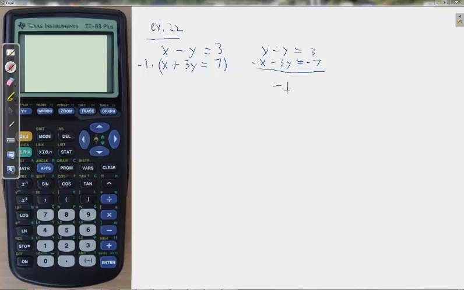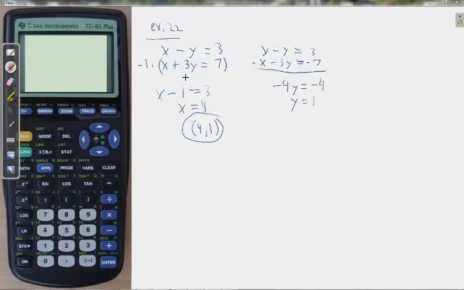I will have negative 4y equals negative 4. So y equals 1. Then I just need to plug that back in, so I'll plug it back into the top. x minus 1 equals 3, so x has to be 4. 4, 1 should be the solution.